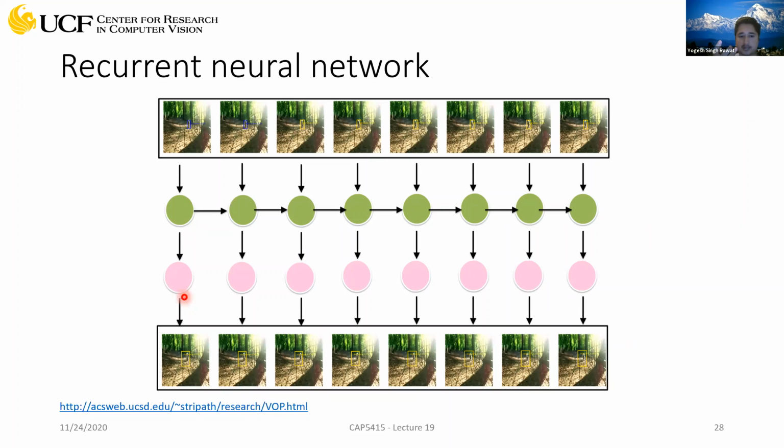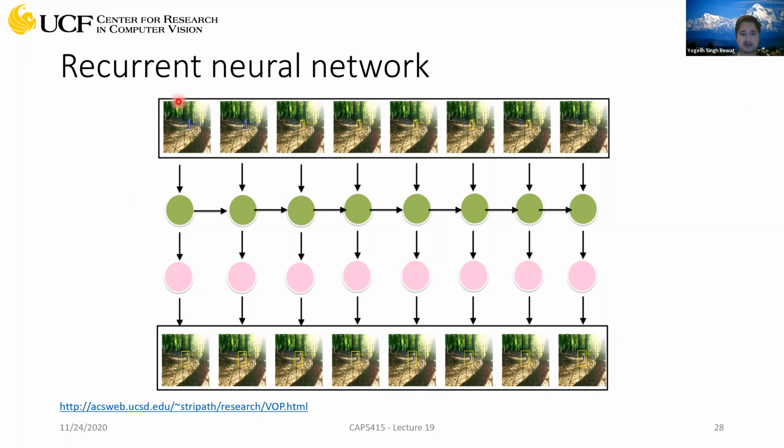Okay, so if you're working with videos, which are sequential data, it will look at one frame at a time and make some prediction. Okay, so this is your network in green, and this pink one is the prediction. For example, let's say it's doing action detection, localizing where the action is happening.